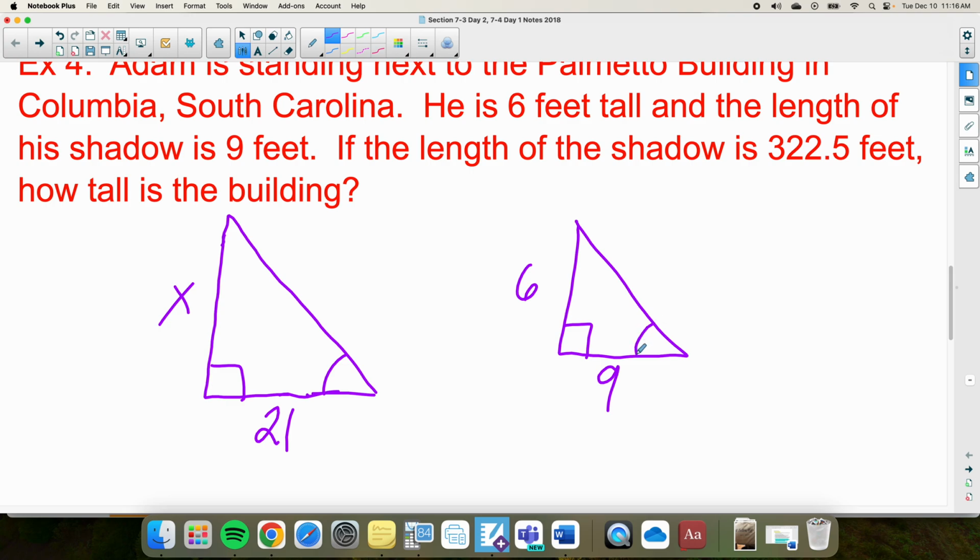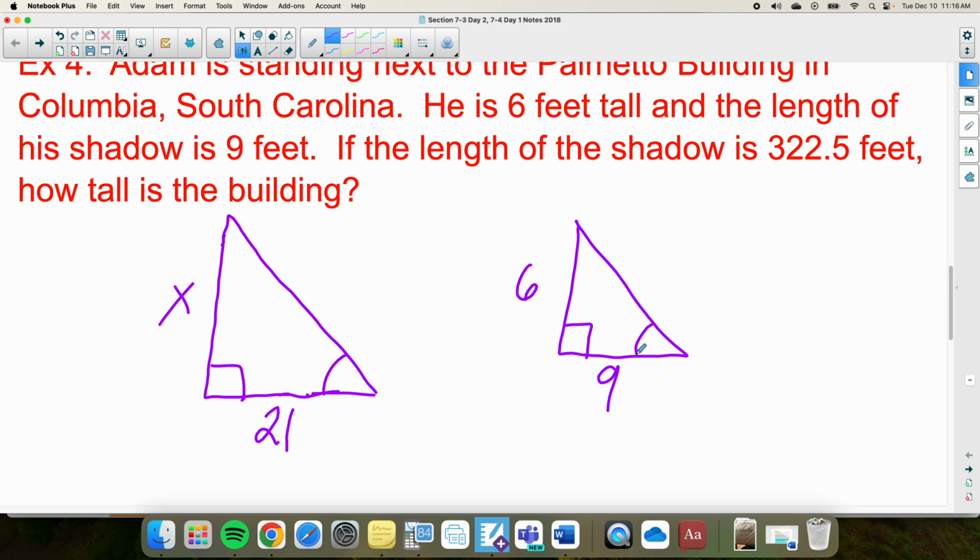To make it simpler, you can draw it as 2 separate triangles, and then you just do a proportion and you can find the height of any missing thing, okay?